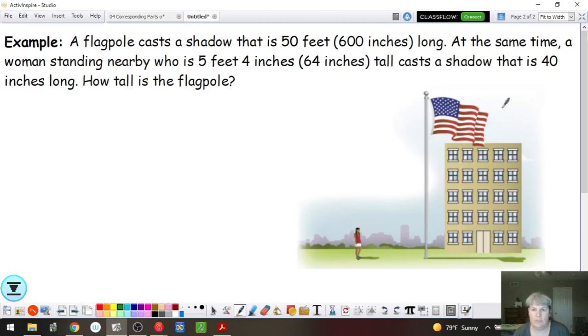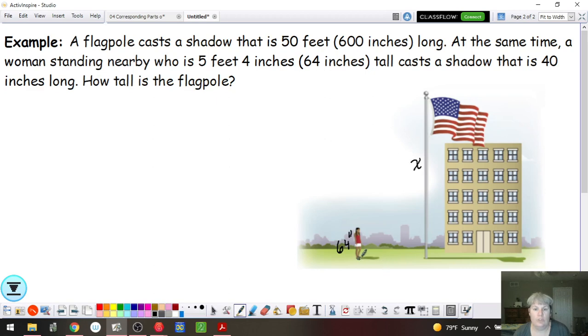So we have this situation where we don't have any triangles, but we have the height of the woman, we have the height of the flagpole, and we have, actually no, we don't have the height of the flagpole. That's what we're looking for. So we're looking for this value. We know that the woman is 64 inches.